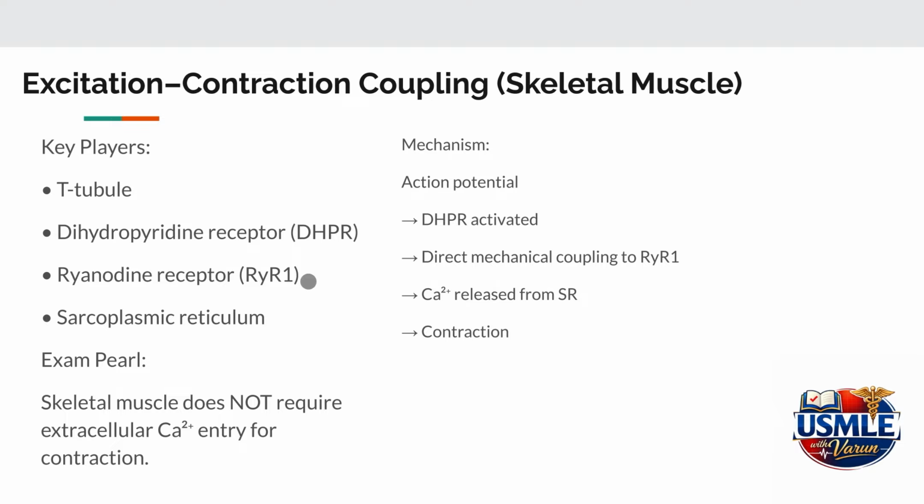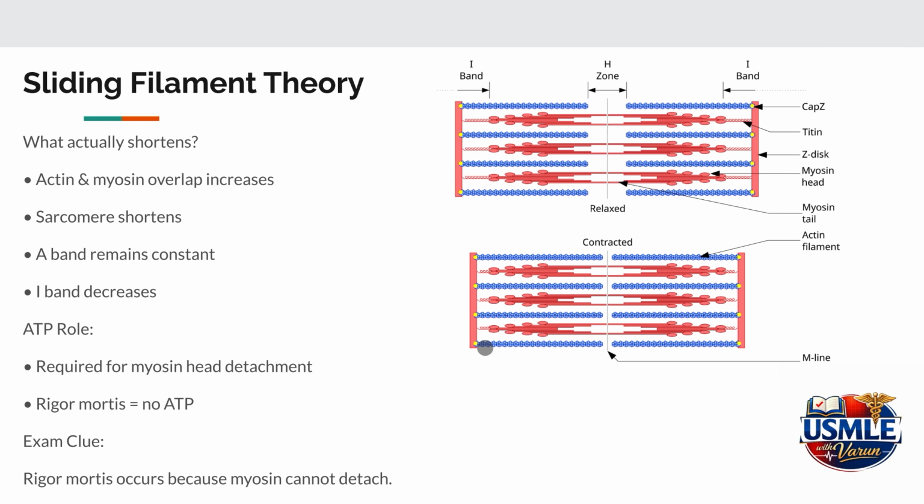Because of the activation of this ryanodine receptor, calcium is released from the sarcoplasmic reticulum, and this calcium release initiates muscle contraction. Action potential, DHPR is activated, direct mechanical coupling to ryanodine receptor, calcium is released from sarcoplasmic reticulum, which leads to contraction eventually. Muscle contraction occurs through sliding of actin and myosin filaments.